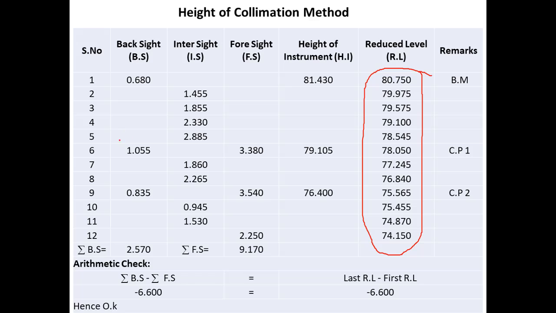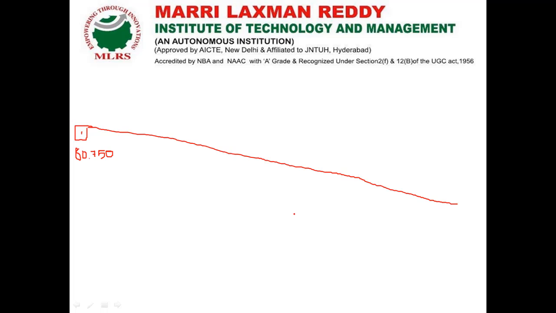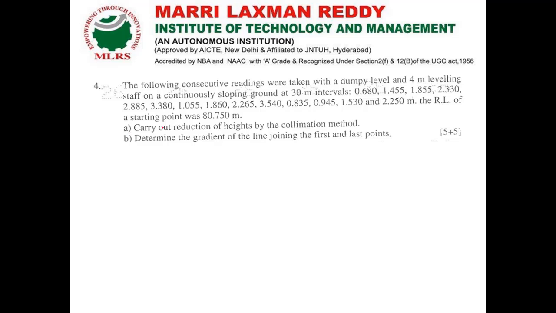Likewise we have 12 points, and each point is at a 30 meter interval along the sloping ground. This 30 meter interval is our horizontal equivalent.